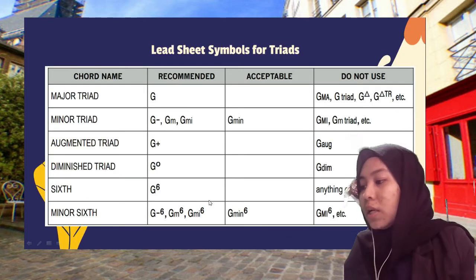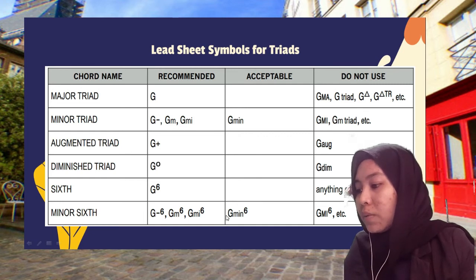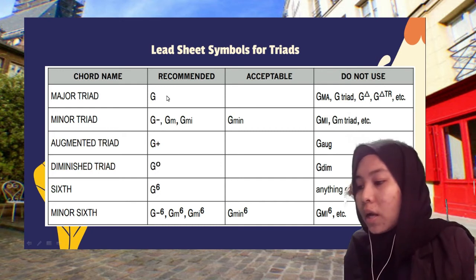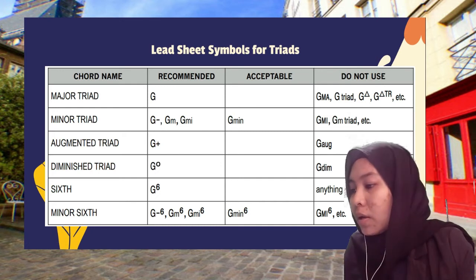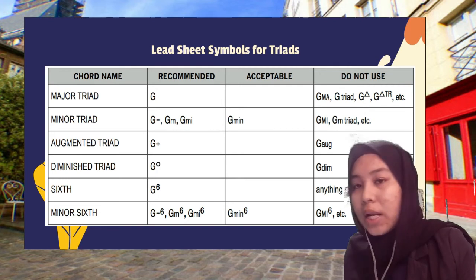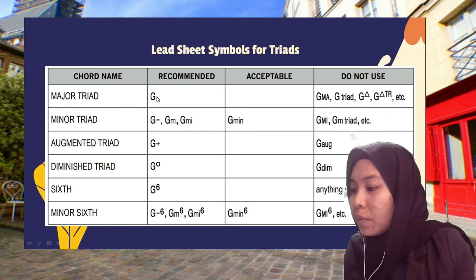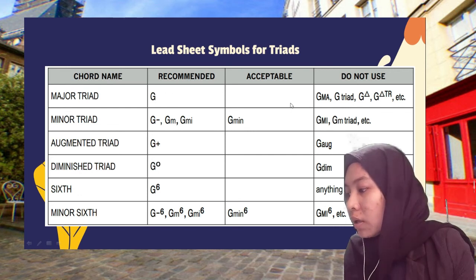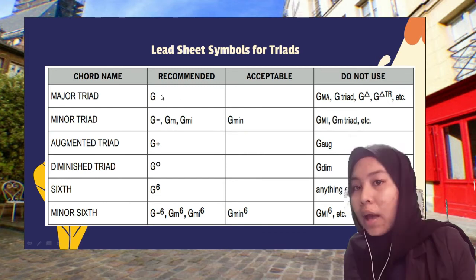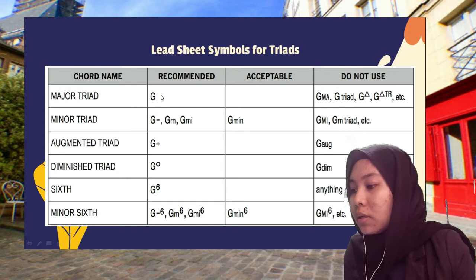Alright, let's go to the lead sheet symbols for the triad. For the major, like for this one, the G major, you will use the G as the root, and you don't need to write anything else, so that we can understand that the chord represented here is major.